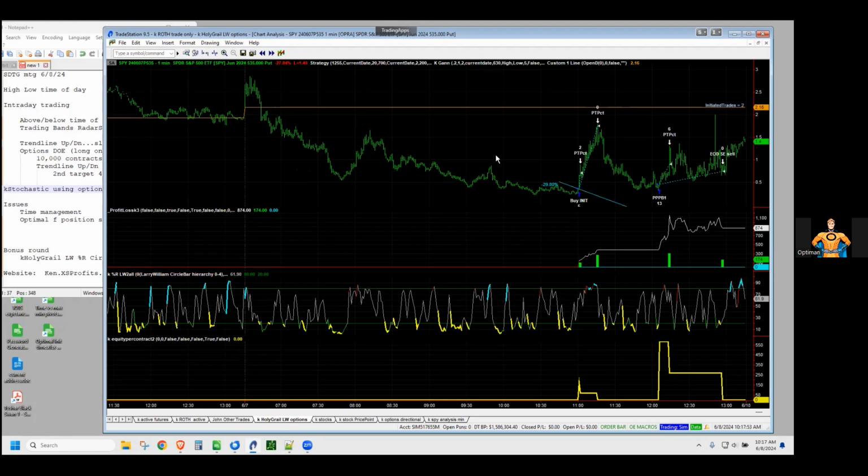That means that somebody, for $50, so for $500,000, basically bought a position on SPY and they killed it. They knocked it out of the park.